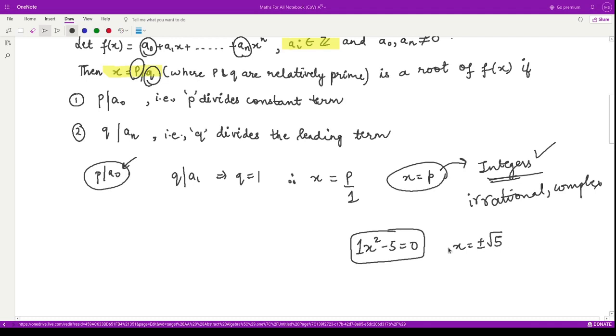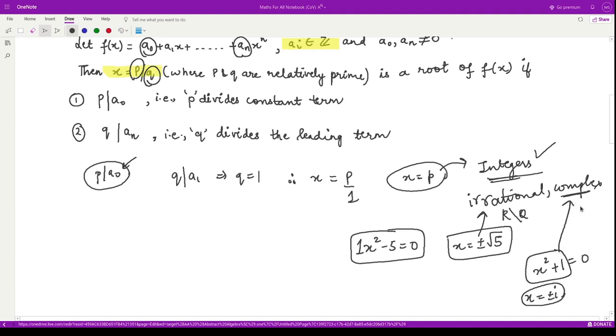These are irrational, so they belong to R minus Q. And for complex roots, we can have the equation x square plus 1 equal to 0. This polynomial is monic with coefficients in integers, but its roots are plus minus i, so they are complex numbers.